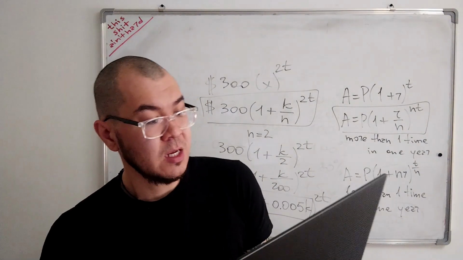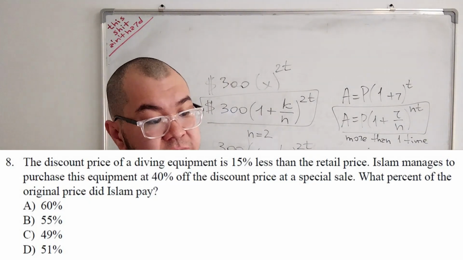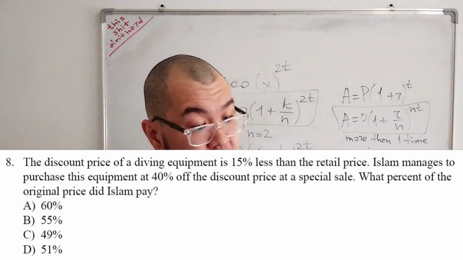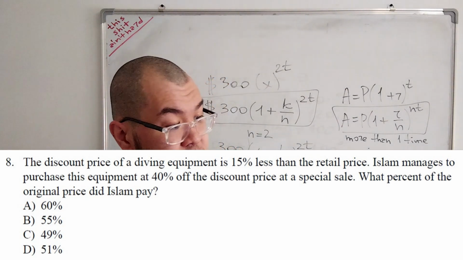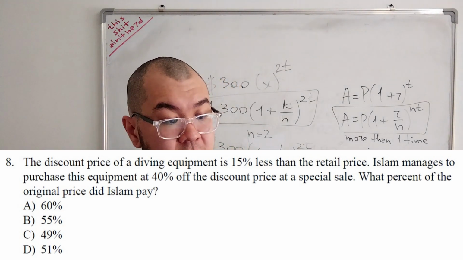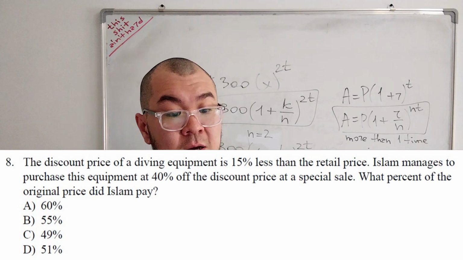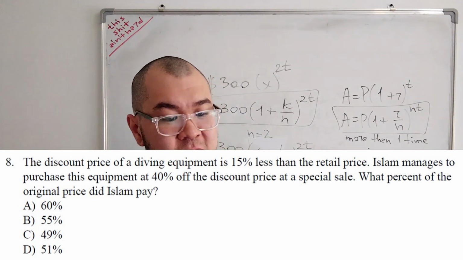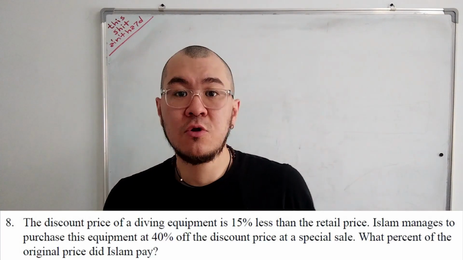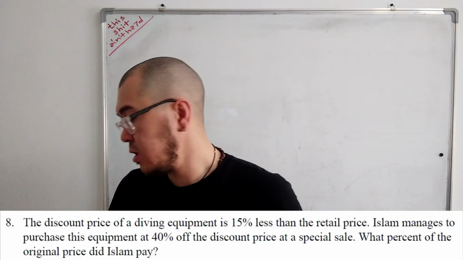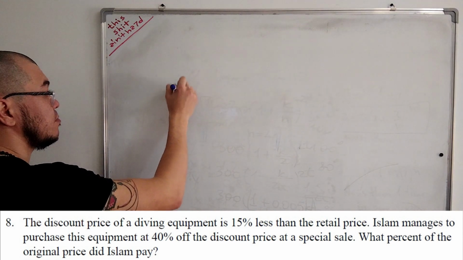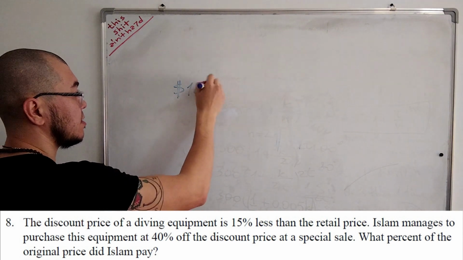Number 8. The discount price of a diving equipment is 50% less than the retail price. Islam manages to purchase this equipment at 40% off the discount price at a special sale. What percent of the original price did Islam pay? To solve problem number 8, we have to set the original price equal to $100.